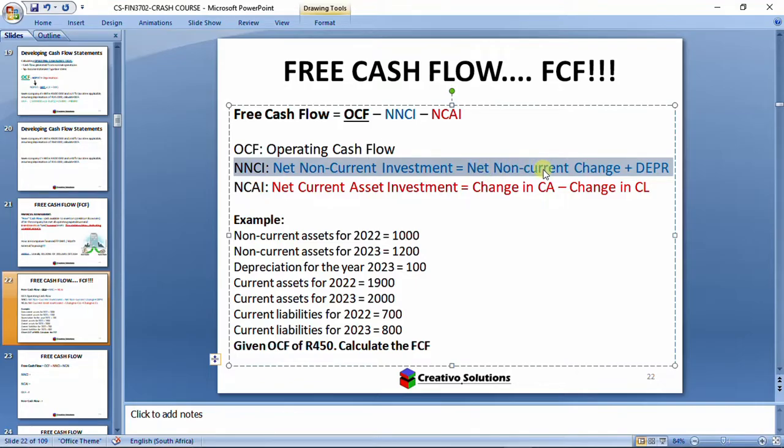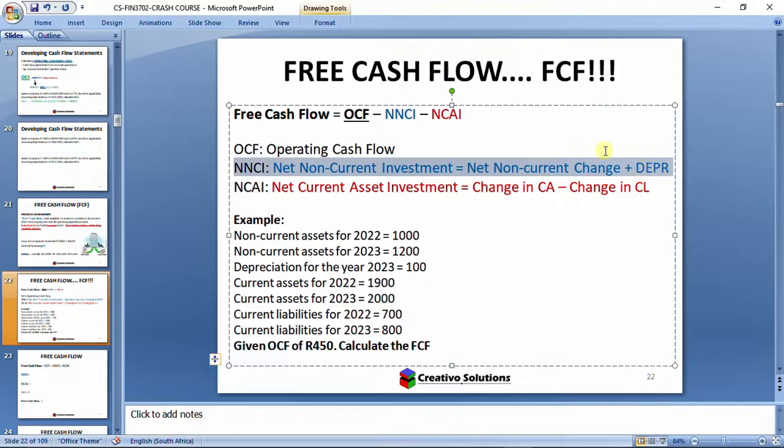So in terms of our non-current assets, how have they changed from last year to this year? They've increased. Good. By how much? Are we talking about non-current assets? Yes. By 200. Good.